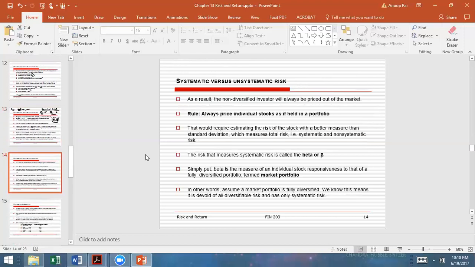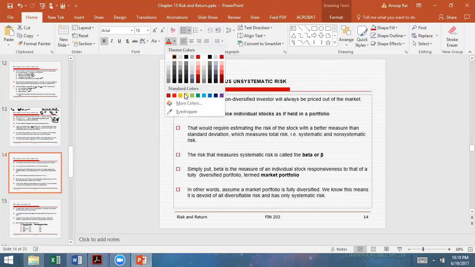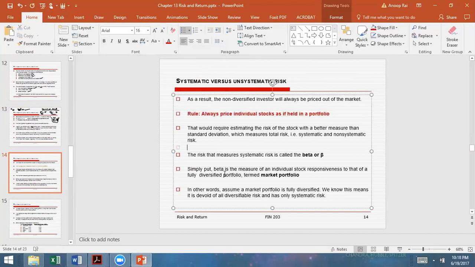So the moral of the story therefore is, as an individual, you should always price the stock as if it is held in a portfolio. You're not able to do it otherwise. Sorry, this was supposed to be red. So the rule is, if you want to price a stock and you want to buy an individual stock, you better calculate it as if it's held in a portfolio.